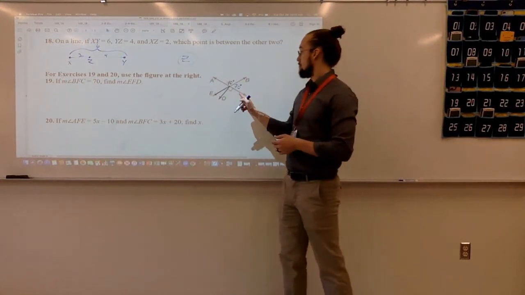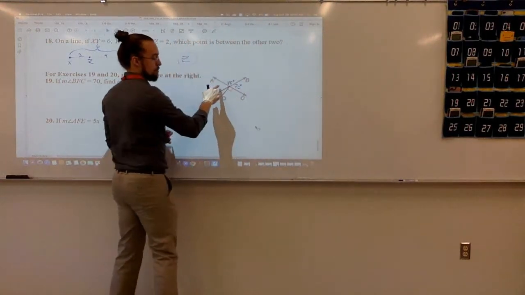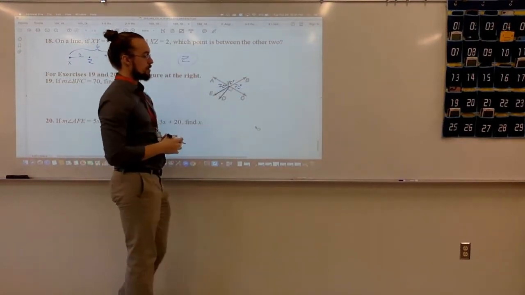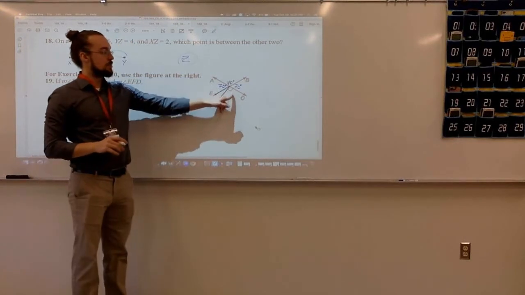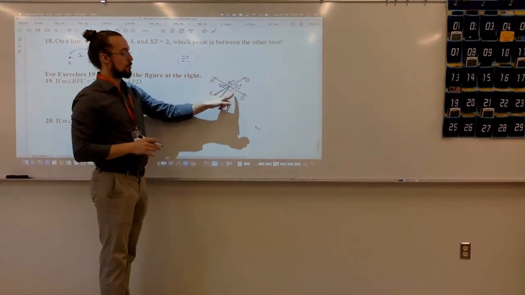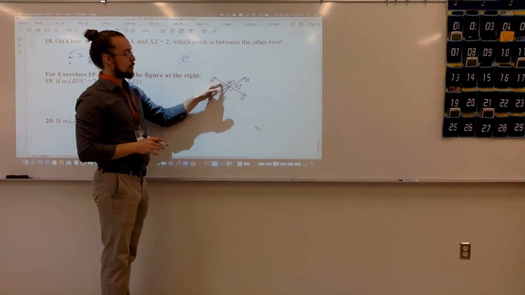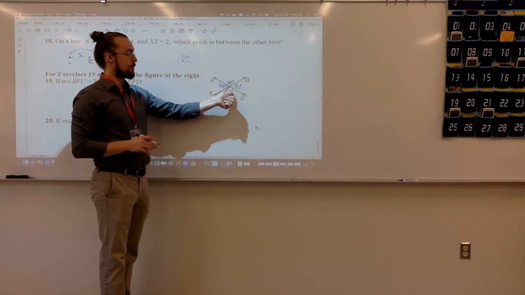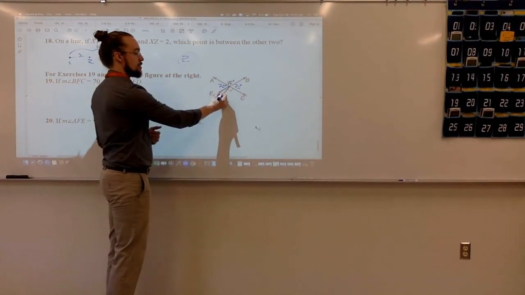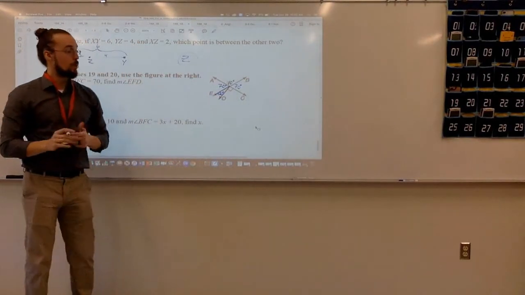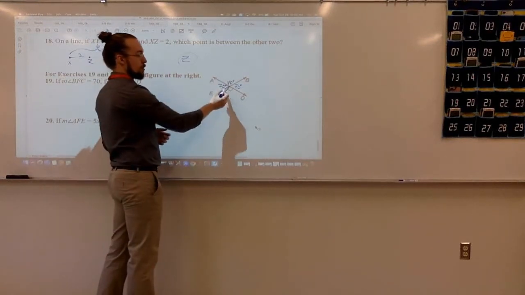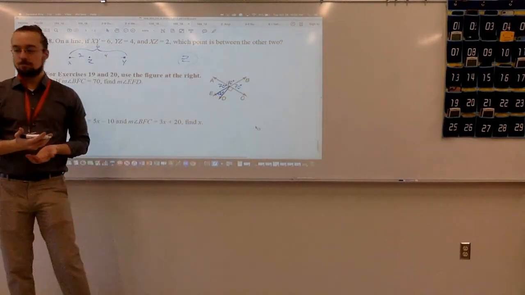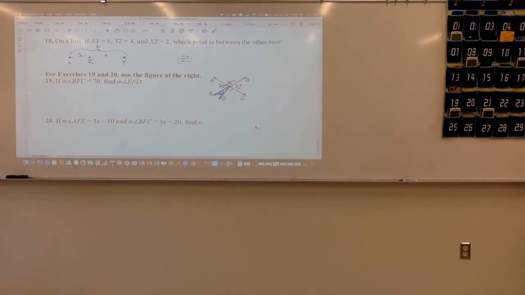Then these two angles are vertical, so this would be 70. And if this is 90, there's two ways we could do it. We could say these three angles add to 180, so 180 minus 70 minus 90 is 20 degrees. Or if this angle is 90, then this angle is 90. So 90 minus 70 is 20.